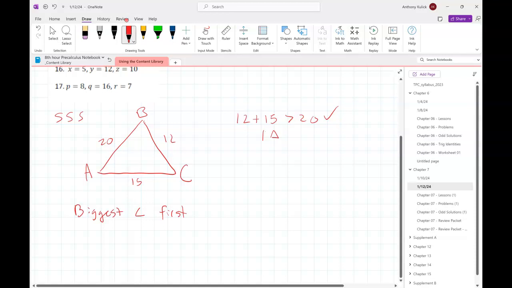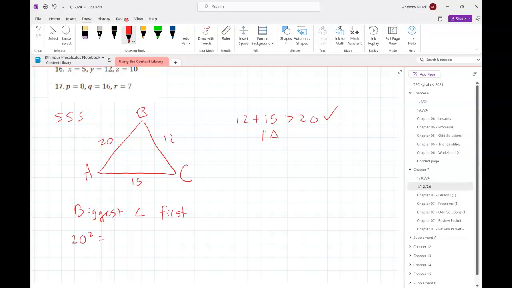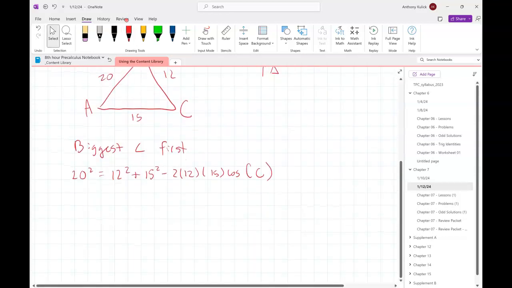Wait, you said yesterday, 2 days ago, if there's 2 angles to solve for, you find the smallest first. Yeah, you're just getting confused between the 2 situations. That's okay. But that's the rule. If you have 3 angles remaining to solve for, we need to find the biggest.